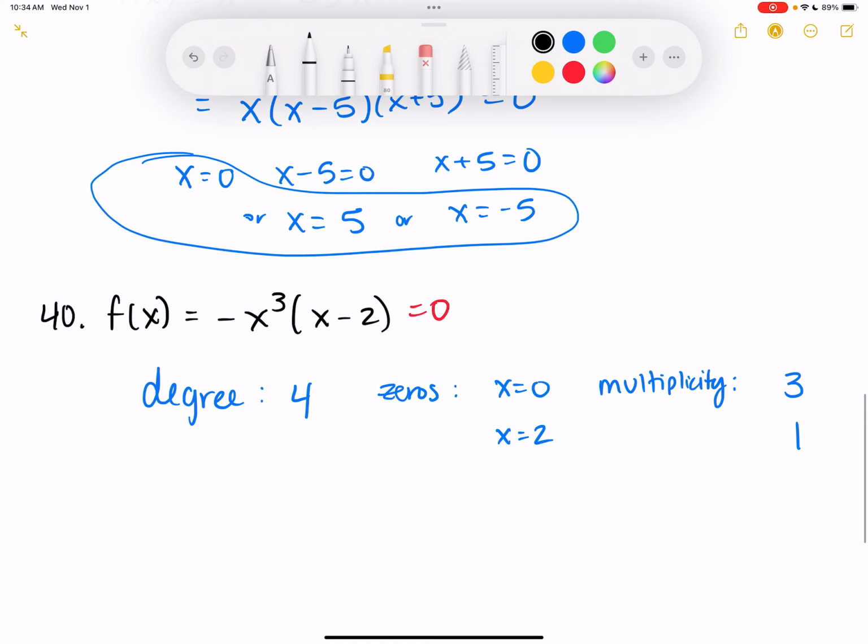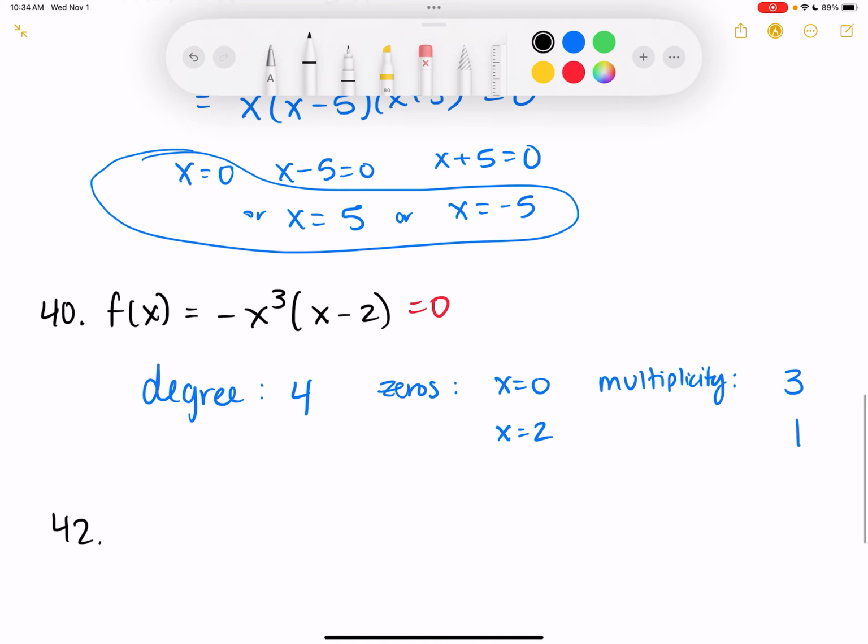Let's see, 42. F of x is equal to 7 times x minus 3 squared times x plus 5 raised to the 4th.